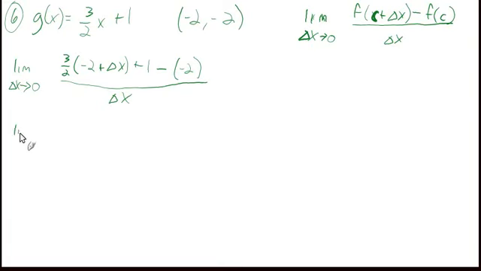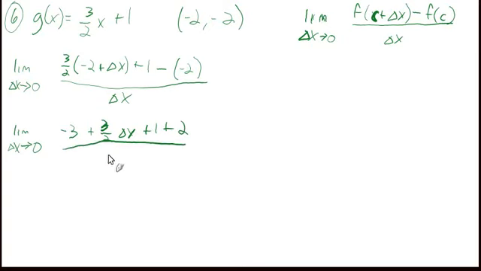Alright, let's start cleaning it up. 3/2 distributed to -2 would be -3. This would be plus 3/2 delta x plus 1 plus 2. So we have 1 plus 2, that would be 3. -3, they cancel each other out.